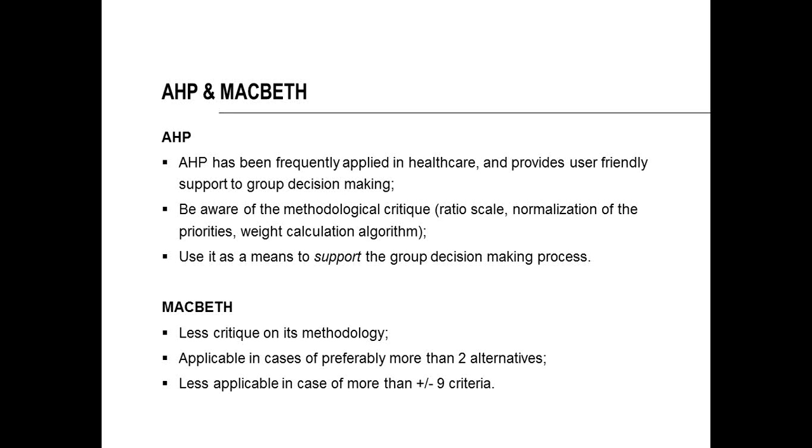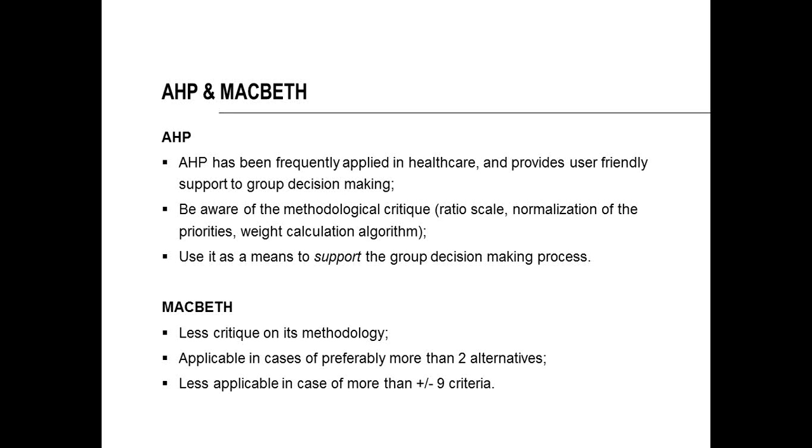We also have a tutorial, and the methodological criticisms are described in more detail in this tutorial. There is some criticism because the AHP uses this ratio scale. So if you say one alternative is extremely more preferred than the other one, it might not really represent your opinion that this priority is then 9 times higher.